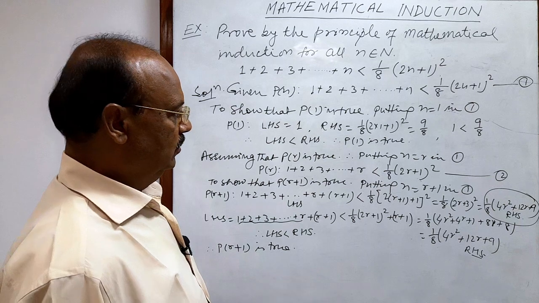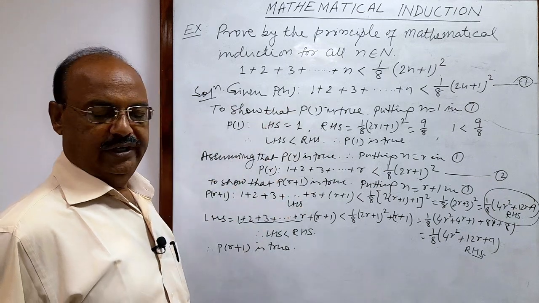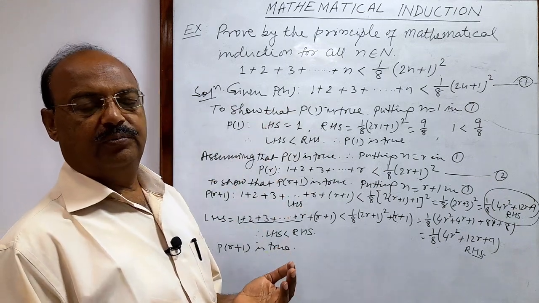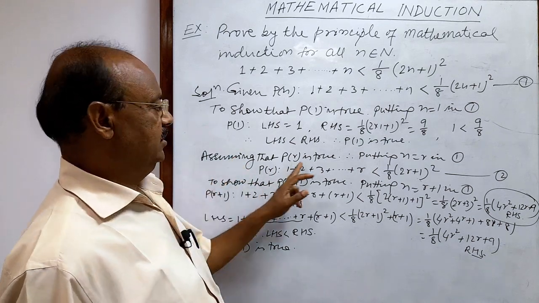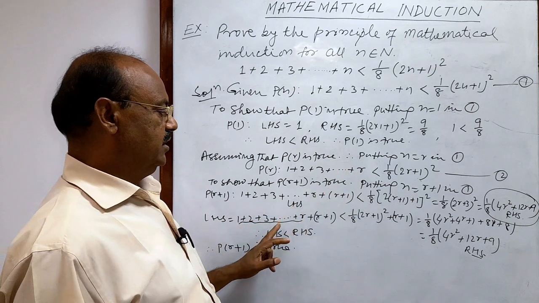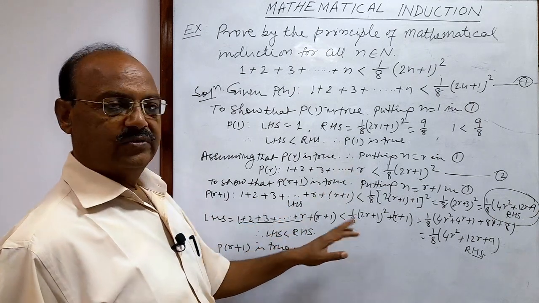Correct? So all these three steps are completed here. First we have shown P1 is true. Second we have assumed that P(r) is true. And third step we have shown that P(r plus 1) is true.